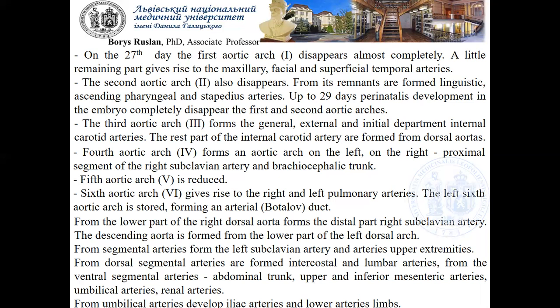The left sixth aortic arch is preserved, forming the arterial or botallic duct. From the lower part of the right dorsal aorta forms the distal part of the right subclavian artery. The descending aorta is formed from the lower part of the left dorsal aorta.